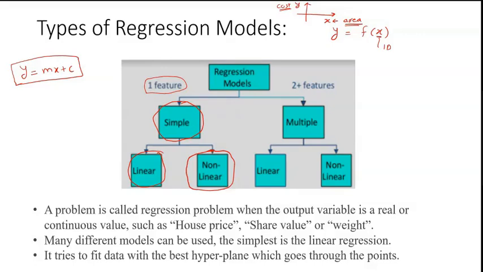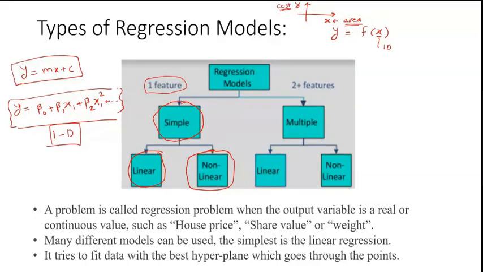If the relation is not a straight line, maybe a non-linear thing, then y may be some beta 0 plus beta 1 x1, maybe beta 2 x1 square, and so on. So this is also possible. So you can assume a proper model as per your data. So that is a challenge, which one you will use. Okay, so this is about one dimension. When the case is one dimension, you have this kind of options.